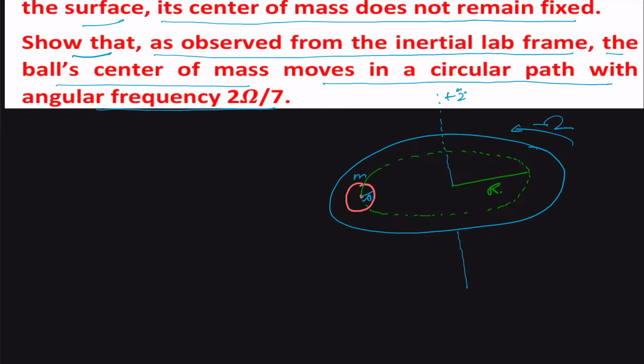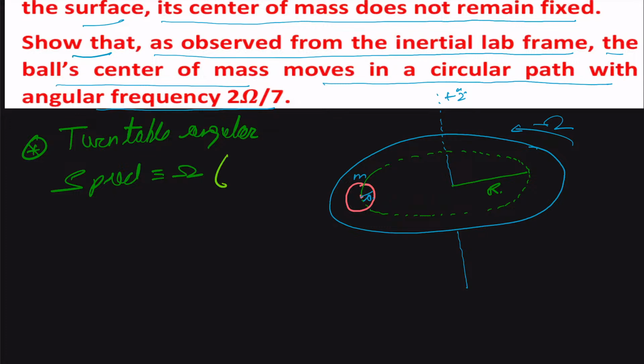So first of all, let us say that the turntable angular speed is omega, and this is about our plus z.